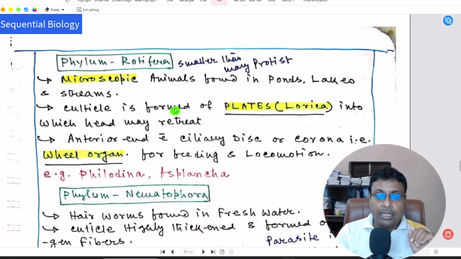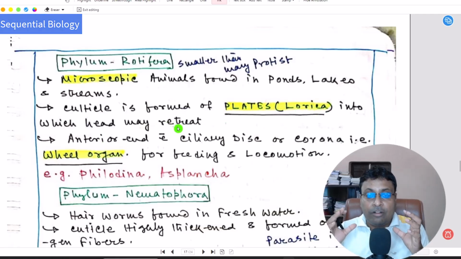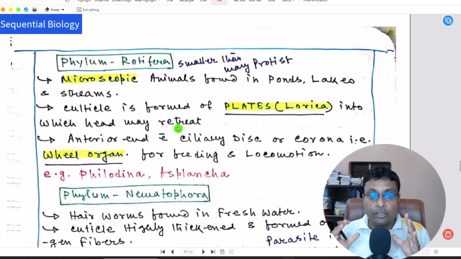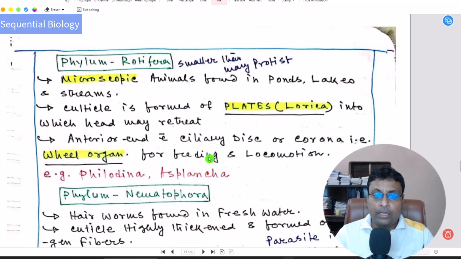The cuticle is formed of plates or lorica into which the head may retreat. That means their head is covered by a plate-like structure known as lorica, and this term is very, very important. The anterior end has a ciliary disc or corona, that is the wheel organ, and this wheel organ usually helps in filter feeding and locomotion.